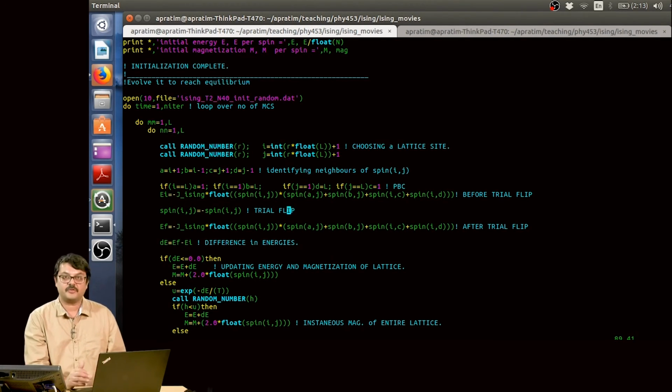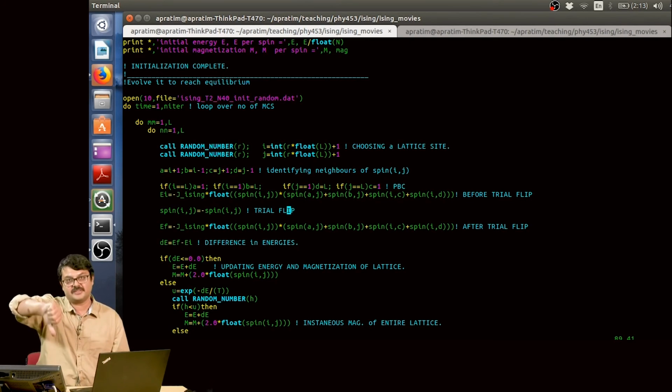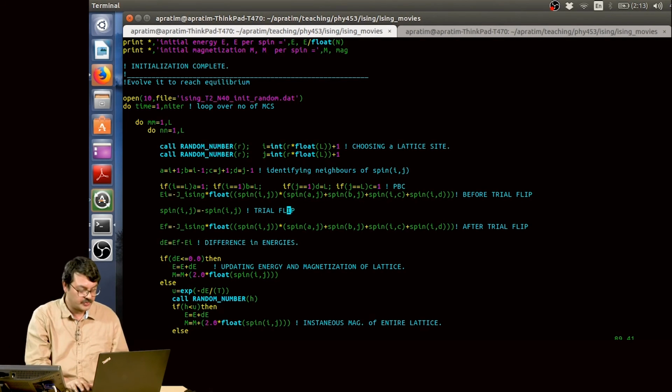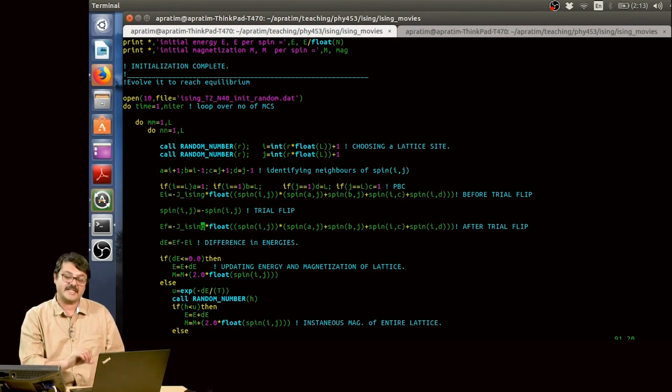Now, as we said in the Metropolis algorithm, we give a trial flip. So, if the spin was pointing plus, you say okay, let its spin be minus 1, and if it is minus 1, then you give it a trial flip of plus 1. So, here I have given a minus sign, whatever be the value of spin i j, and with this changed value of the spin after the spin flip, I am calculating the new value of the energy of that configuration.